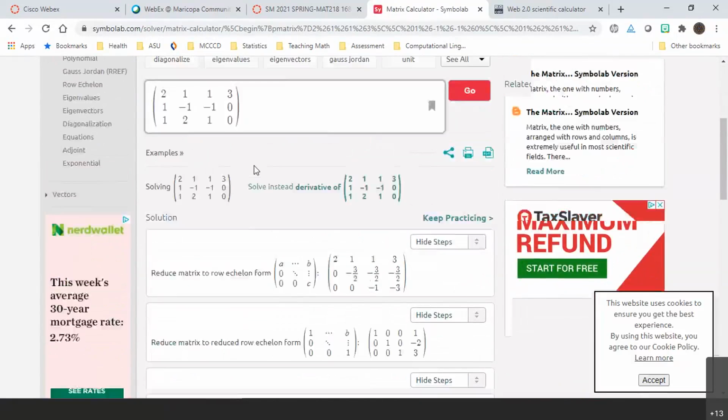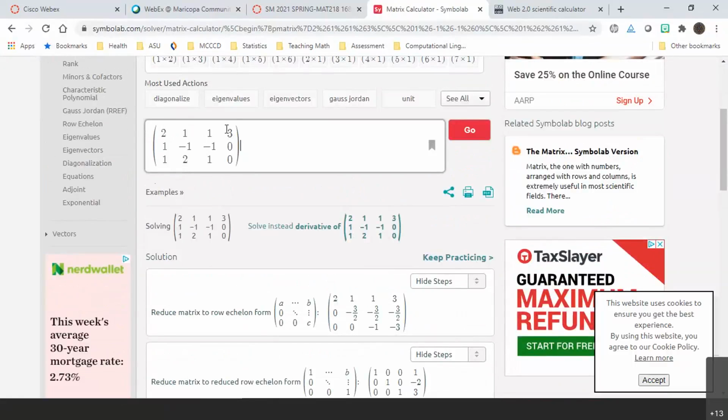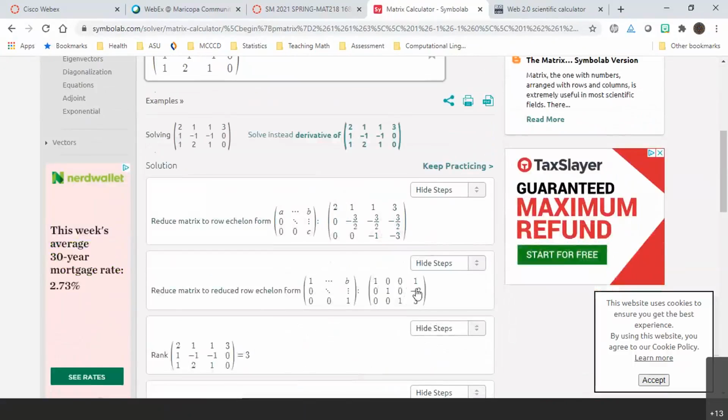So using RREF in Symbolab, you just put in an augmented matrix, and what is that? It's the coefficients, and the last column is your right-hand sides. And then just hit go, and that means solve it. Then make sure you scroll down to where you see the words reduced row echelon form. And here are your X, your Y, and your Z.